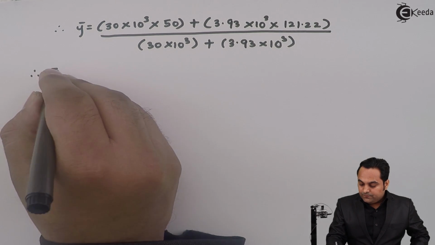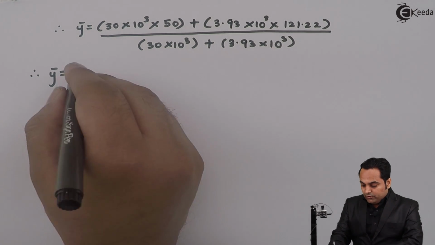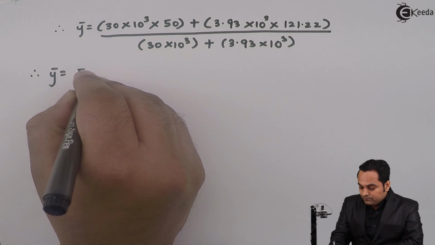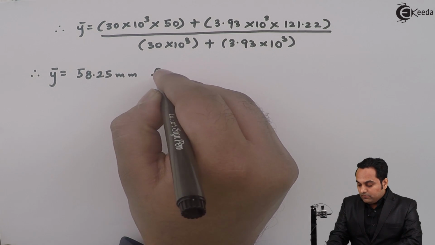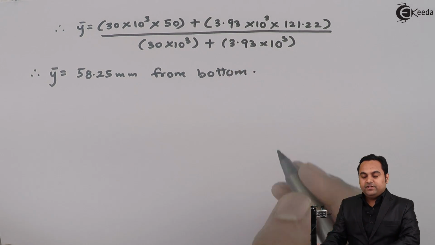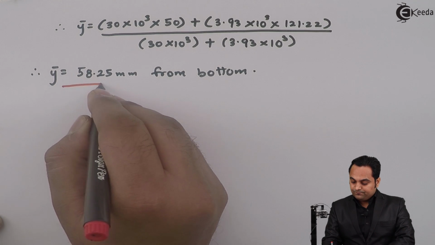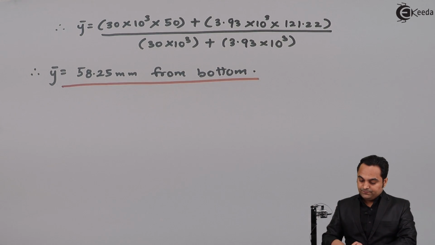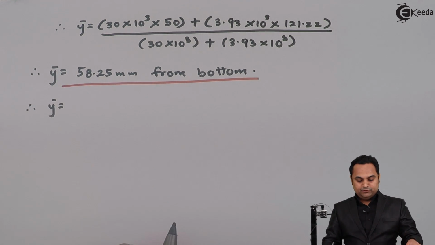So therefore y bar comes out to be 58.25 mm from bottom, because we have taken the references from bottom. Next, therefore I even want to calculate the distance from top.